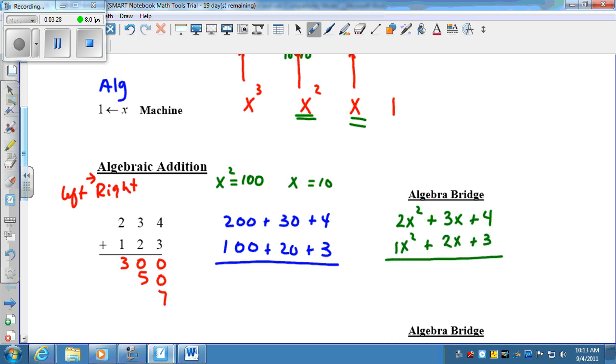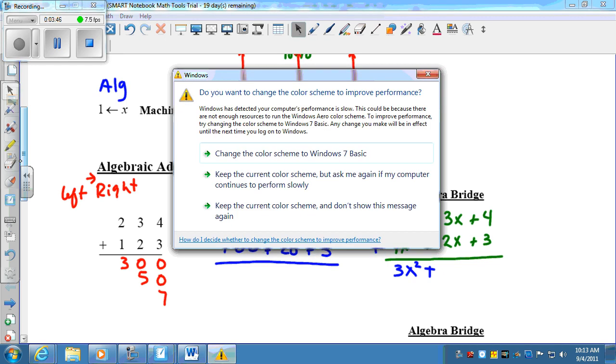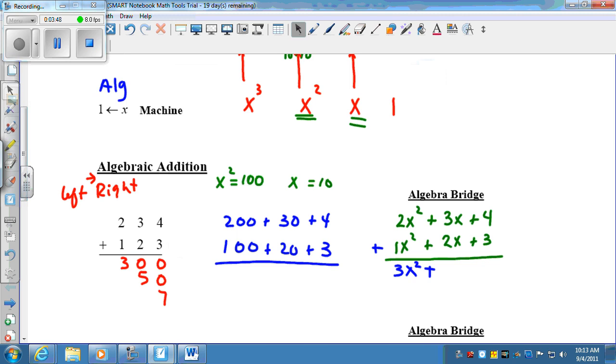Now here comes our adding left to right. We start on our left when we add in algebra, and we're going to add 2x squared plus 1x squared is 3x squared. Don't forget your square. 3x plus 2x is 5x, which would be 50, or 5x. And 4 plus 3 is 7.